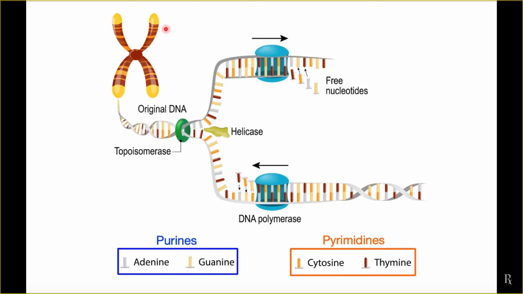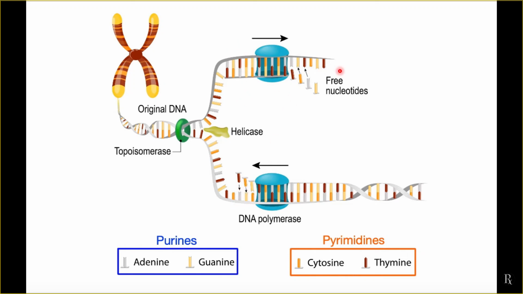So the identical copy of the DNA is produced with the help of the enzymes topoisomerase that will uncoil the DNA, and helicase that will divide the two strands of the DNA.